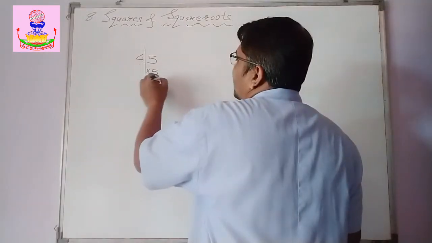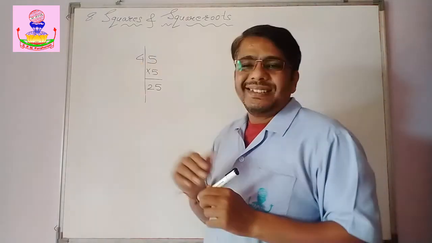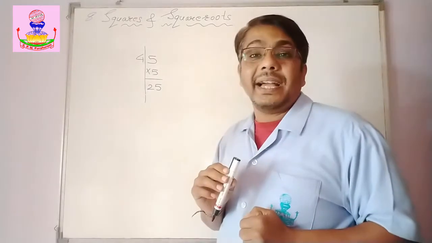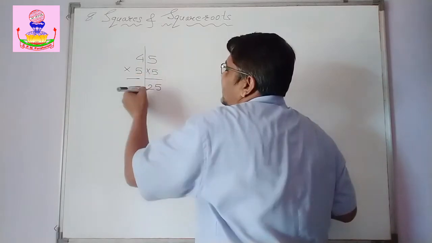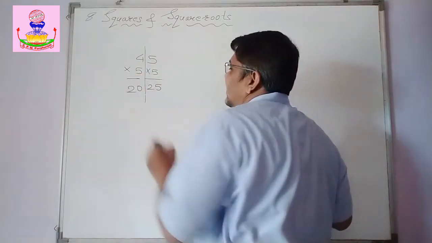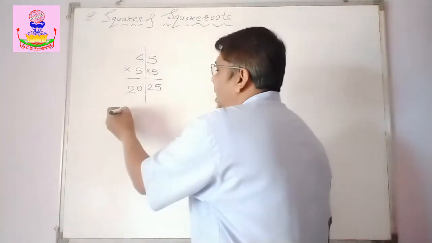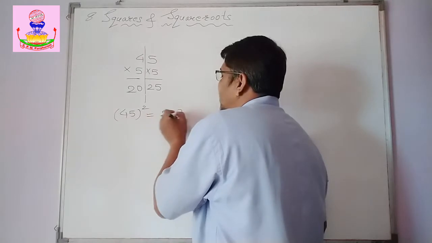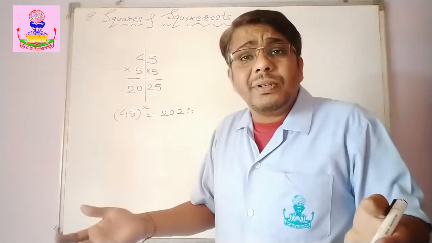So 5 into 5, what do I get? 25. And here multiply by the next successive higher digit, which is 5. 5 4s are 20. So the square of 45 is how much? 2025.